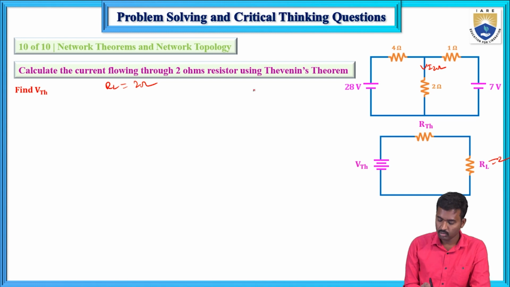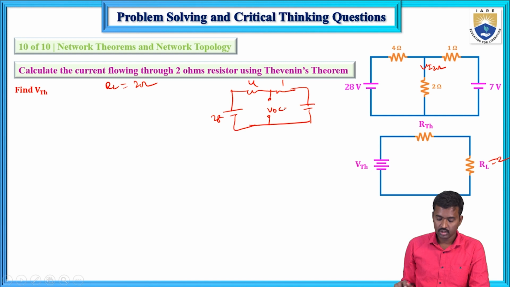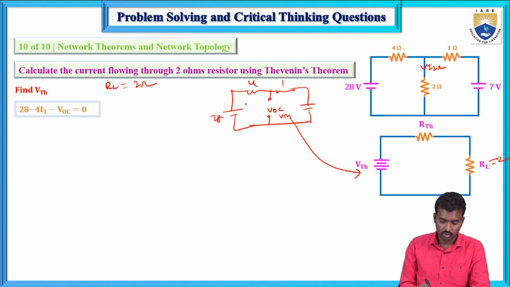So here, take the given circuit. This one is 2, 4 and 1, and this is 28 and this is 7 volts. Remove the load resistance from the given circuit, calculate the open circuit voltage VOC, and that VOC is known as VTH. Now first, 28 and this is I1 and I2.